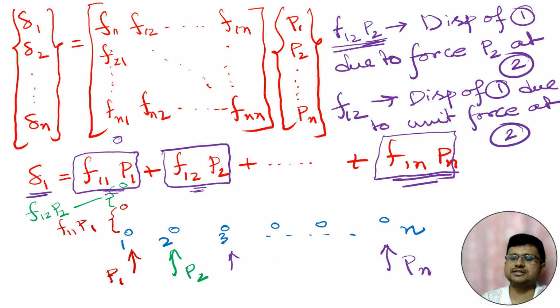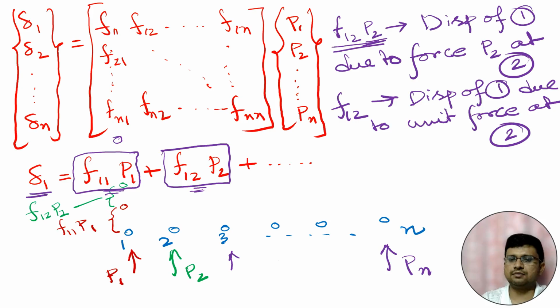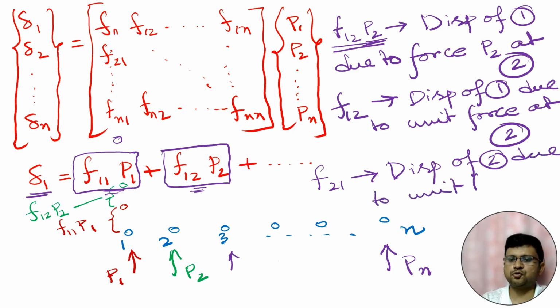Similarly, what will be F21? F21 will be the displacement of node 2 due to unit force at node 1.